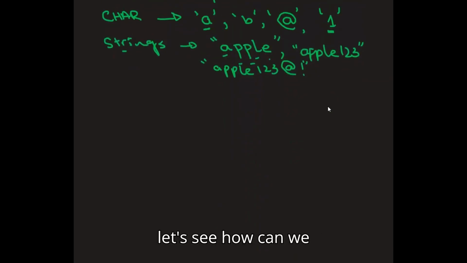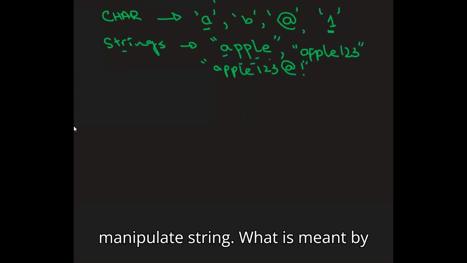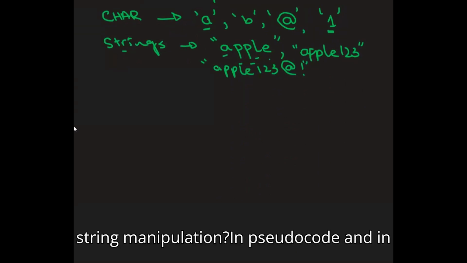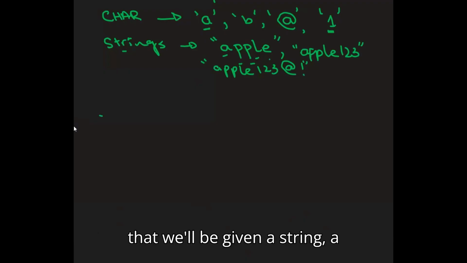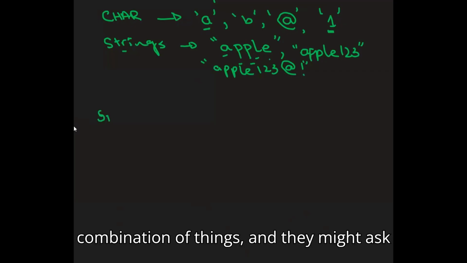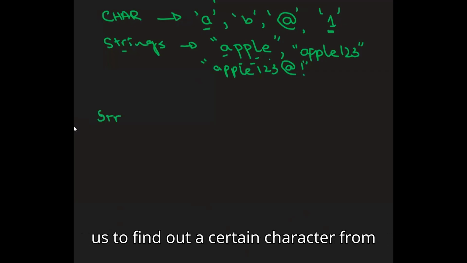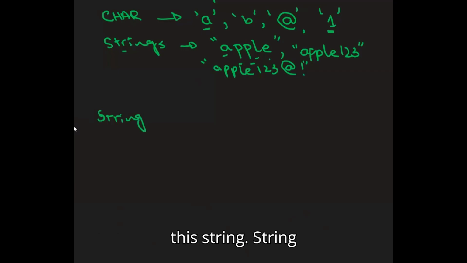Now we have discussed what strings are. Now let's see how we can manipulate strings. What is meant by string manipulation? In pseudocode or in programming, we will be given a string, and we might be asked to find a certain character from this string.